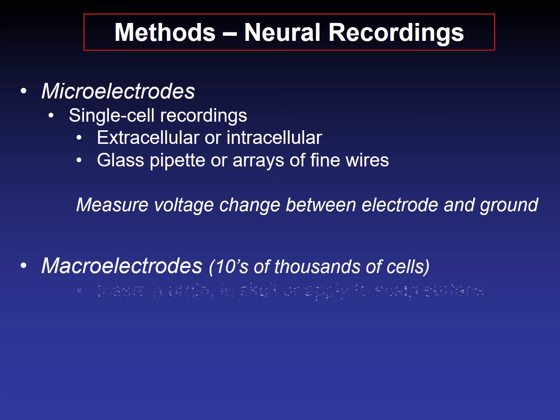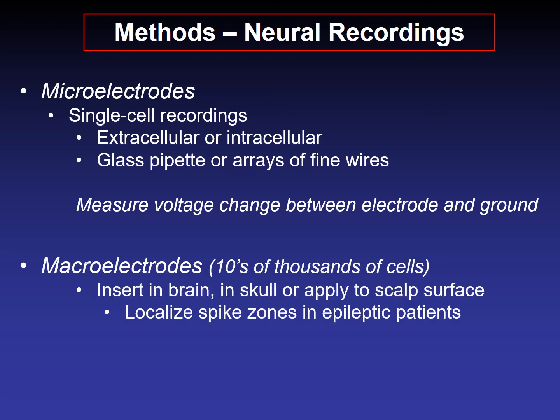We can also do macroelectrode recordings, where instead of penetrating an individual cell, you're simply placing something like a metal disc or a wire on the surface of the brain and picking up the electrical activity from tens of thousands of neurons at once instead of just a single neuron. This can be used in many contexts.